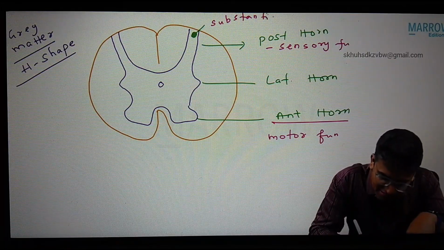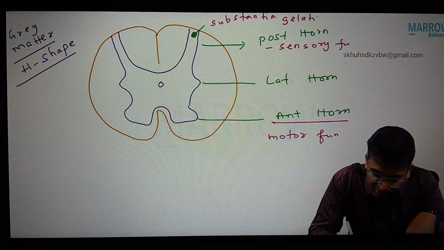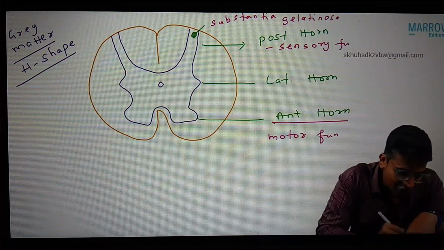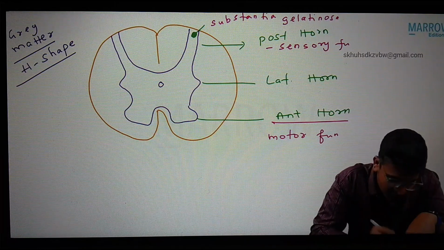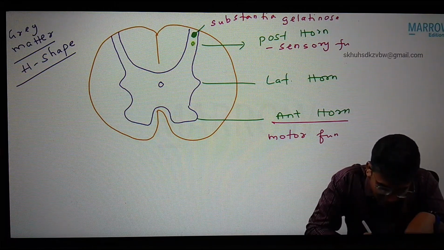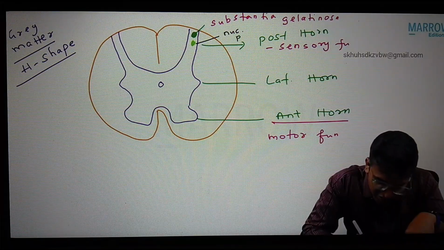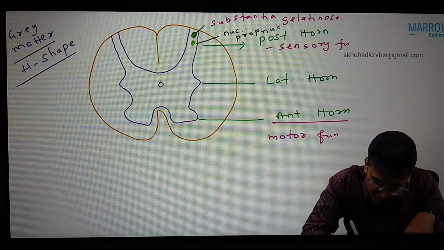Substantia gelatinosa. Now behind the substantia gelatinosa, we have the nucleus proprius. This is the nucleus proprius.